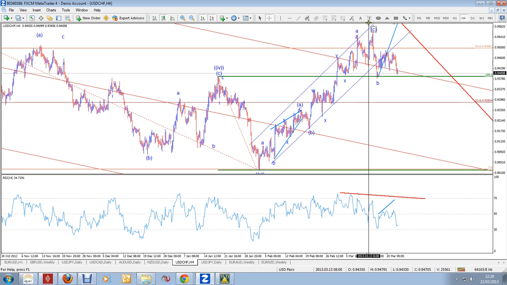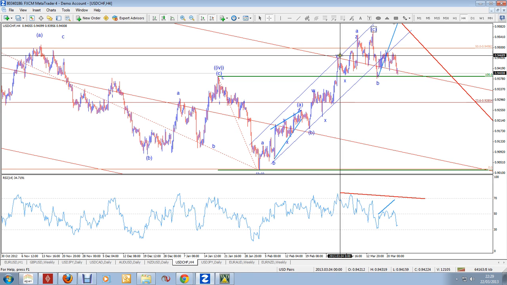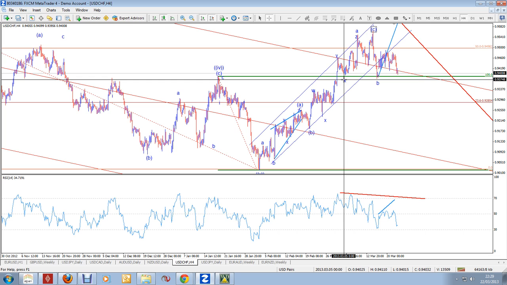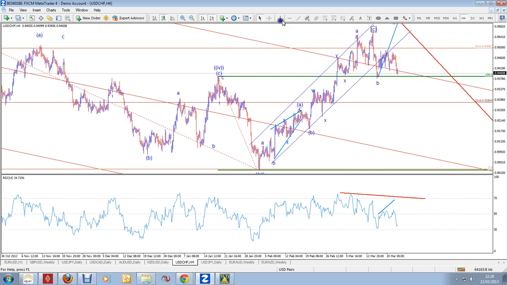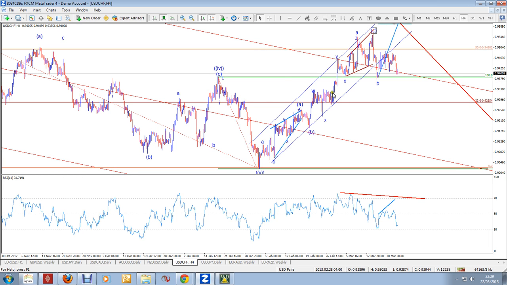Y would be 1, 2, 3, 4, and 5, and this 5 is possibly an expanding ending diagonal. So in this particular case we've got A, B, C to give us A, B, and then again we've basically got A, B, and C. So basically the double zigzag is finished, and we've started coming down.